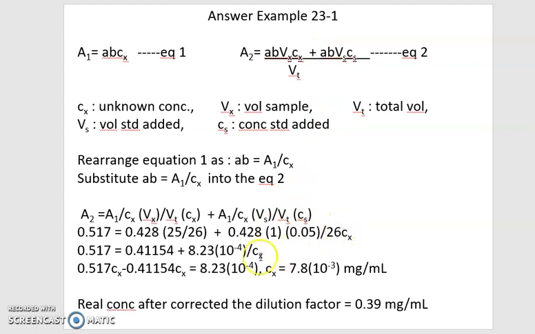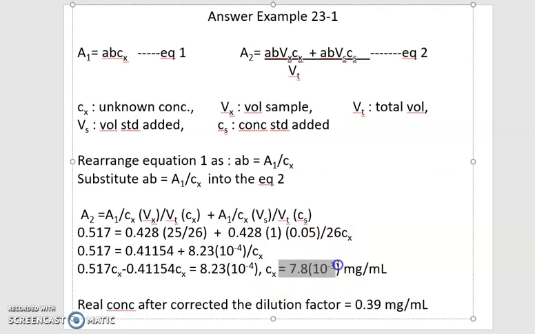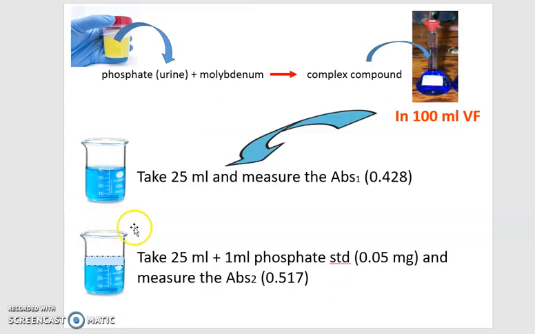Substitute the values into the equation, and finally we can determine the concentration of phosphate in the sample, which is this value. This value actually represents the concentration of phosphate in the 25 ml solution.